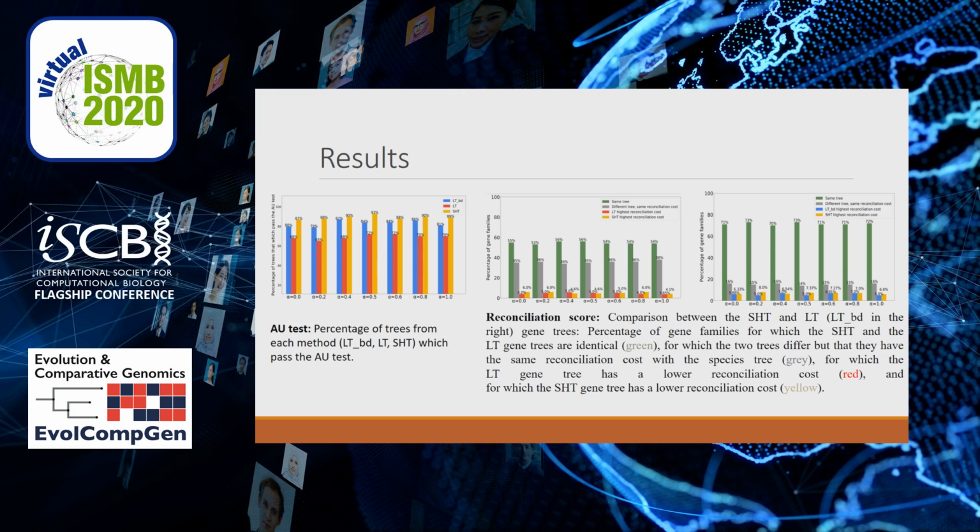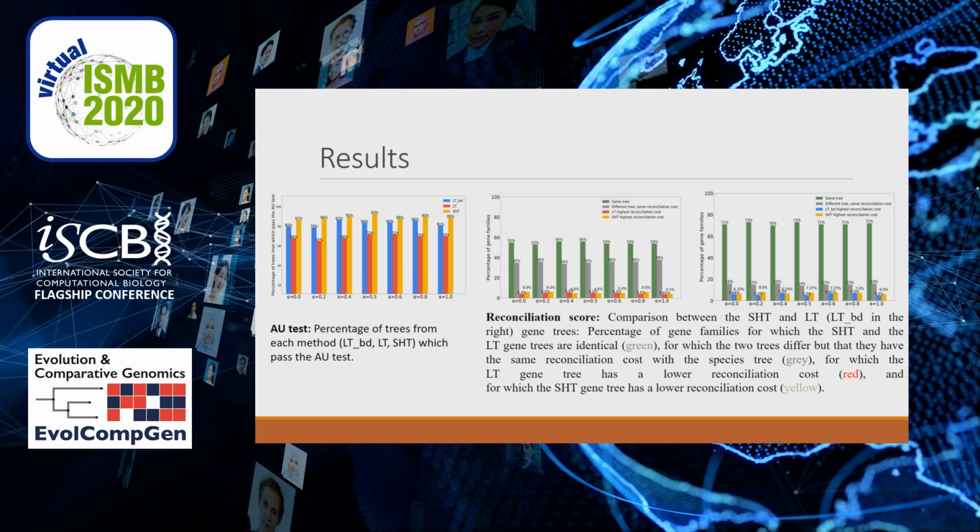On the right, we compute the reconciliation score for our approach and the Ensembl approach. Our approach is colored in yellow, and the Ensembl approach is colored in red and blue. The green color represents the percentage of gene families for which the SHT, our approach, and the Ensembl approach trees are identical.